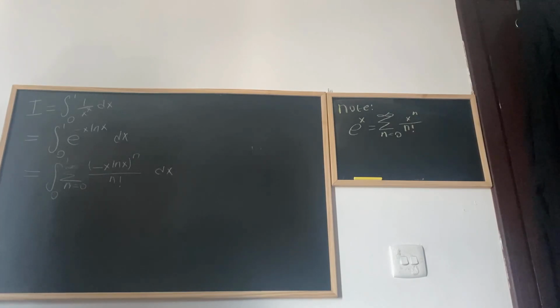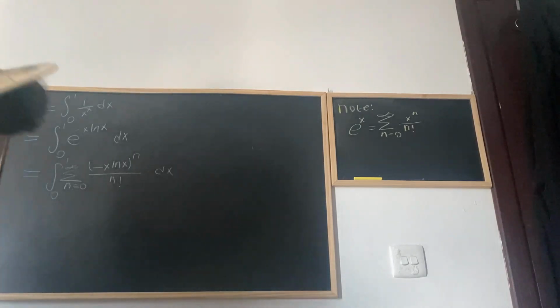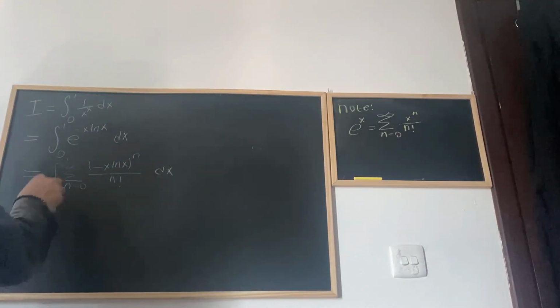Remember at the start, I said if the bounds weren't between 0 and 1, and let's say they were from like 0 to infinity, this would diverge, meaning we cannot use the next thing that we're about to use. So, using the dominated convergence theorem, we can actually interchange the integral and the sum.